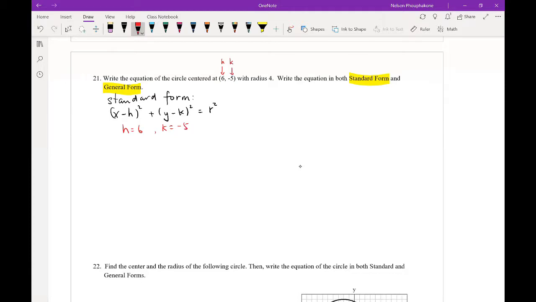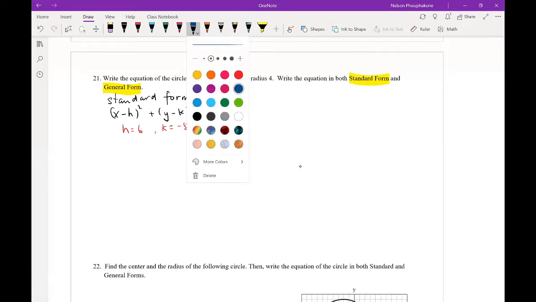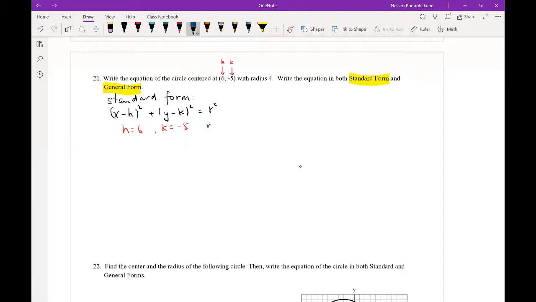Okay, and of course r is equal to 4 then. Okay, then we plug in, then I will have what? (x minus 6) squared plus (y minus -5) squared is equal to 4 squared.